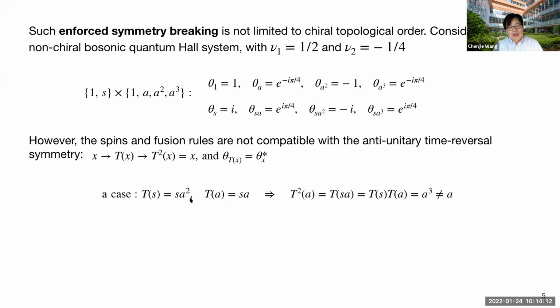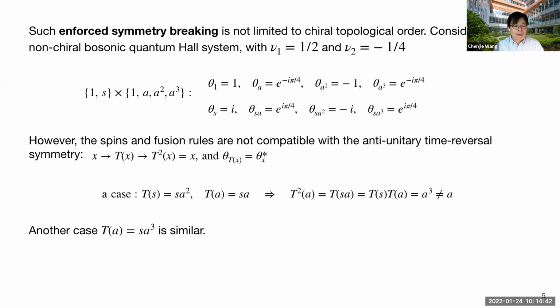And for this anyon A, you're going to send it to either SA or SA cubed, because their exchange statistics are complex conjugates of each other. With these conditions, you can conclude that the first condition cannot be satisfied. There are two possibilities: you send A either to SA or SA cubed.